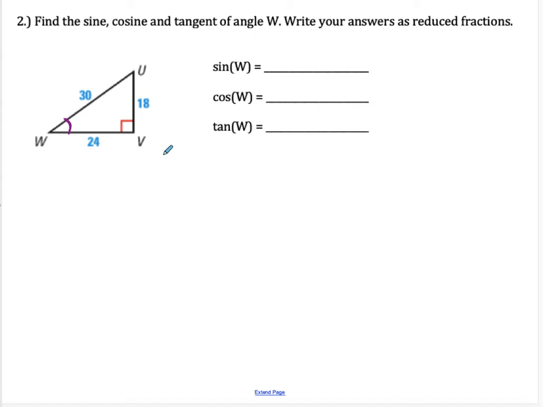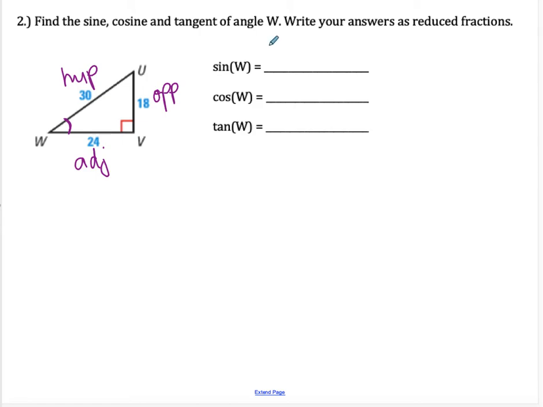All right, so let's go ahead and check and see how we did. On this triangle, we know that 30 is our hypotenuse. The opposite side is 18 from W, and 24 is the adjacent. Can I have a volunteer to share what they wrote for sine of W? Josh. 15 over 17.